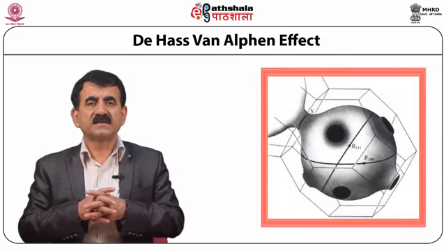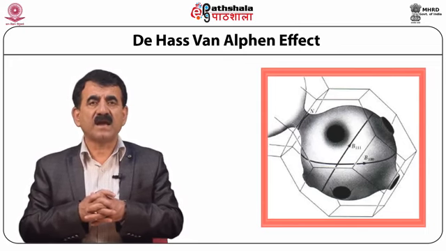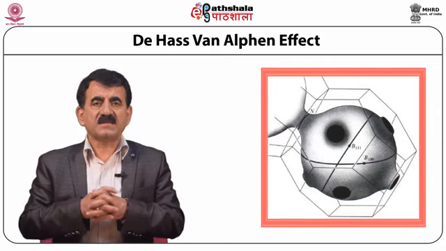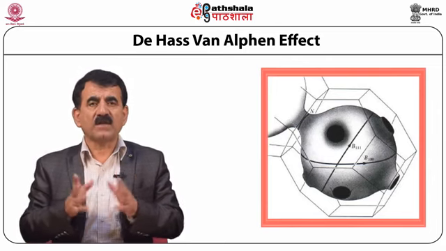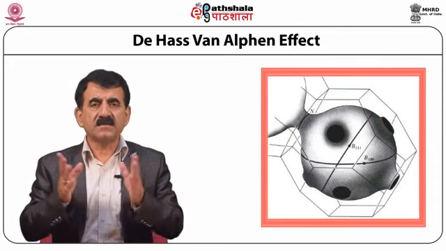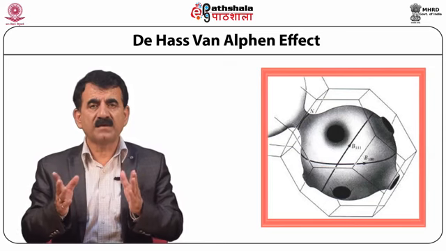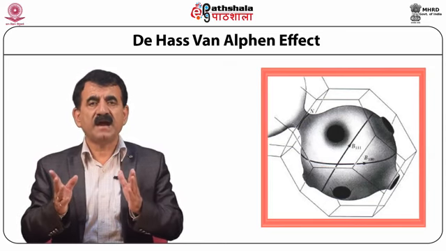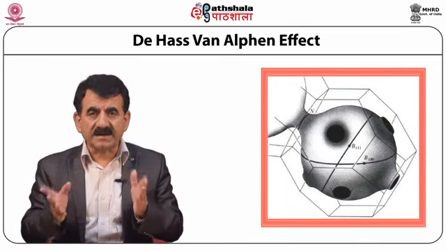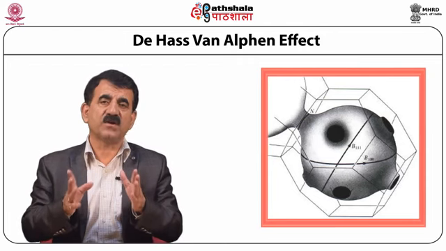The number of states at the Fermi energy is highly enhanced when there are extremal orbits on the Fermi surface of the given solid. There are extremal orbits at regular intervals of 1/B, where B is the magnetic field, and this oscillation in 1/B can be detected in any physical quantity that depends on the density of states.